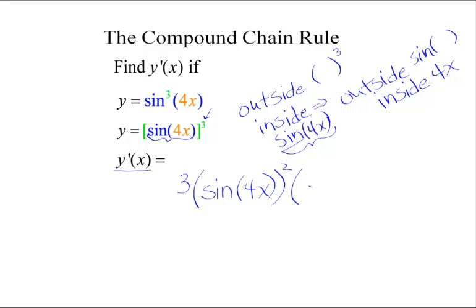The derivative of the outside, not changing the inside, times the derivative of what's inside. So depending on which derivative rule I need to apply, and when I need to apply it, that is when I verbalize each piece.